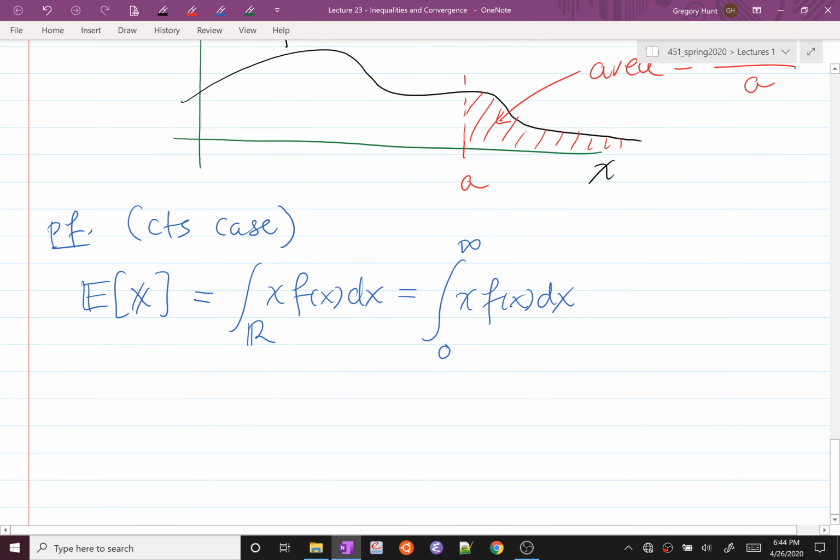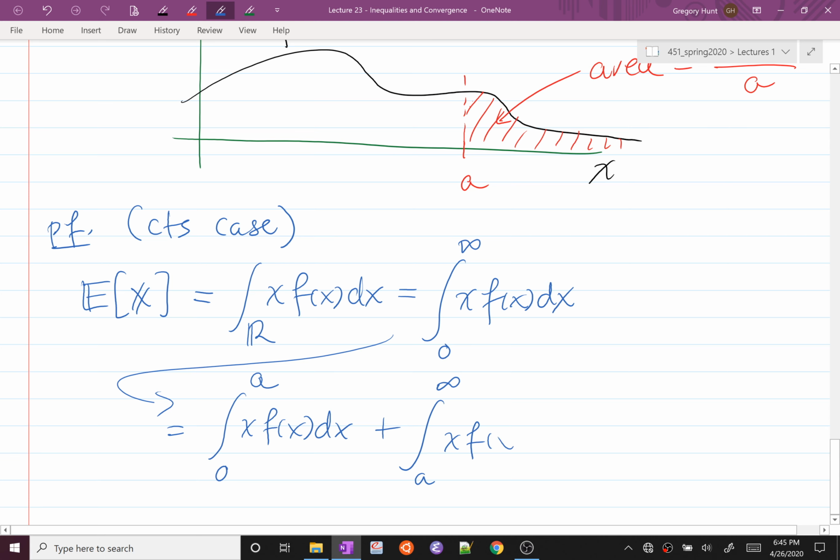And I can break this up into the integral from 0 to a of x f_X dx, plus the integral from a to infinity of x f_X dx.